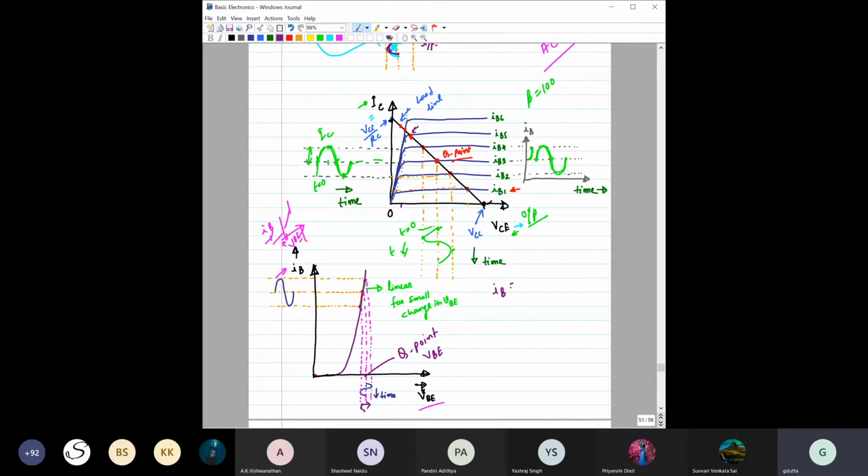We know that IB is proportional to exponential of V of BE by VT. This is the way this IB is related.